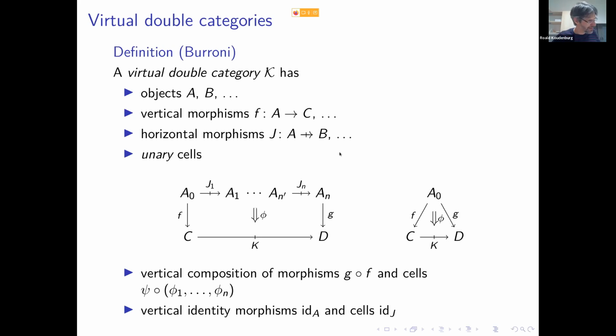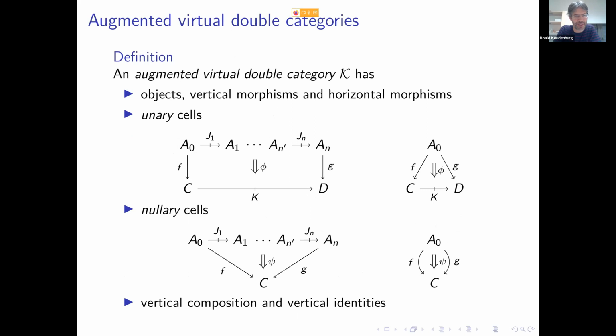So that is the notion of virtual double category. Now let's look at augmented virtual double categories. So virtual double categories you use when you do not have horizontal composites, but you do have horizontal units. I don't know if I said that correctly in the previous slides. For augmented virtual double categories, you use them when you don't have horizontal composites, and also you do not have horizontal units.